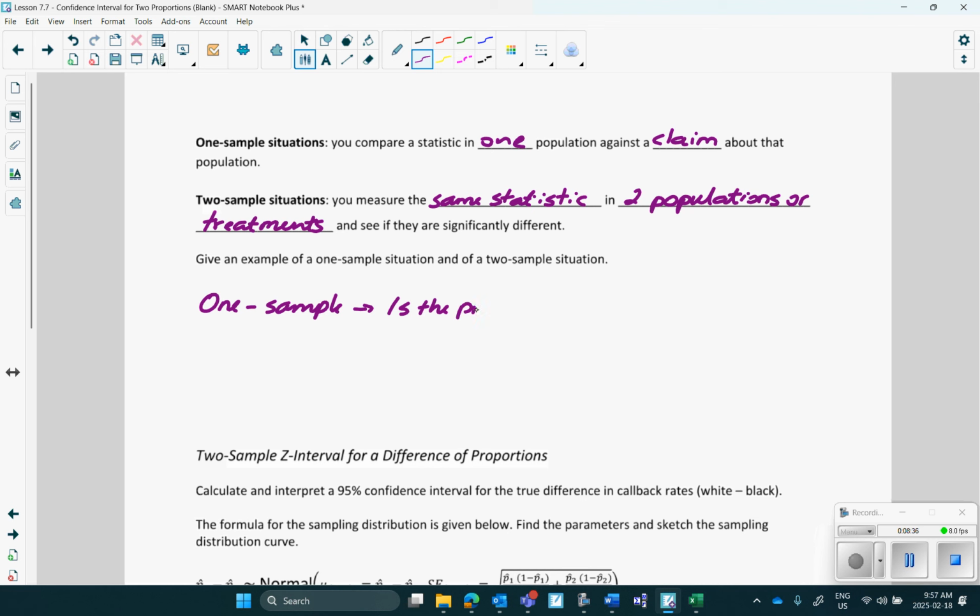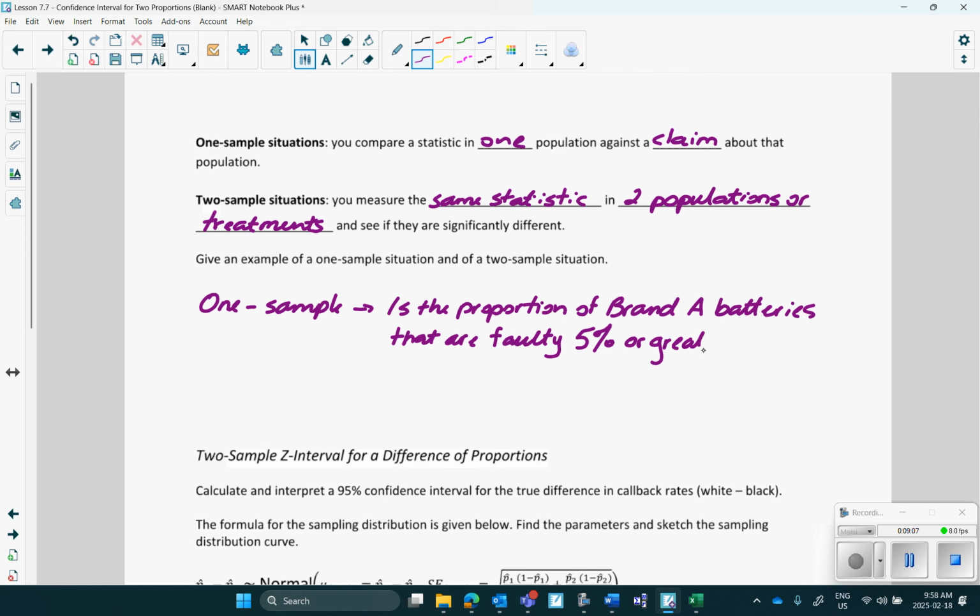Is the proportion of brand A batteries that are faulty 5% or greater?